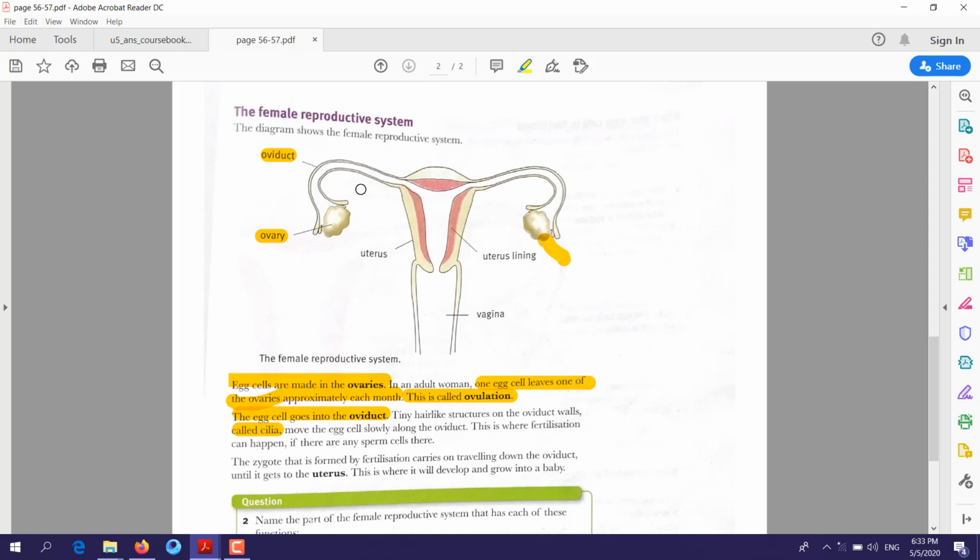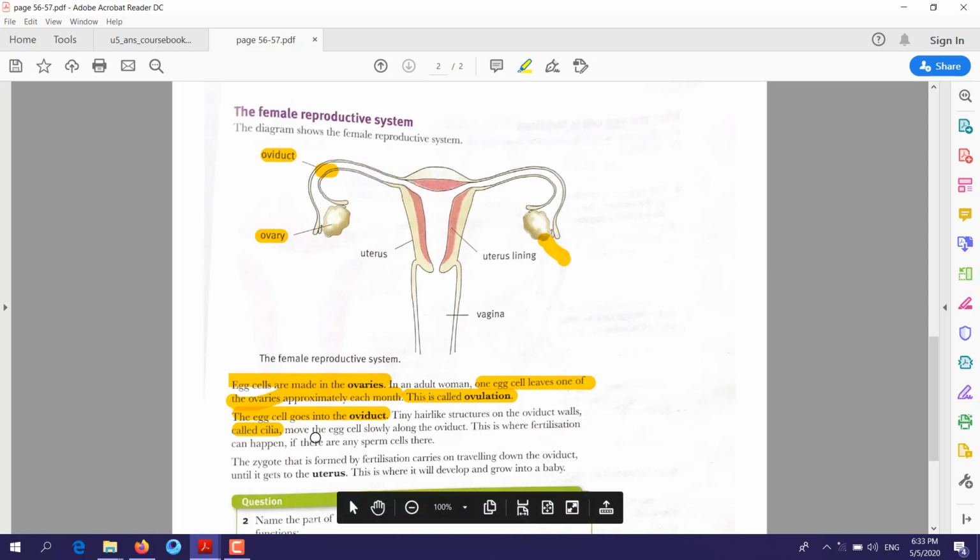If we study the structure of the oviduct, we will see it contains tiny hair-like structures. We call them cilia. These hair-like structures move backward and forward. When they start moving backward and forward, they push the egg through the oviduct.